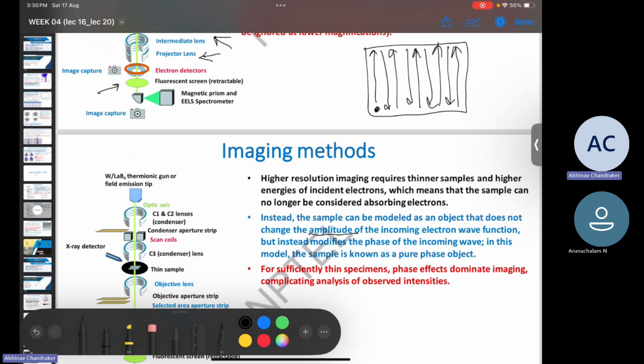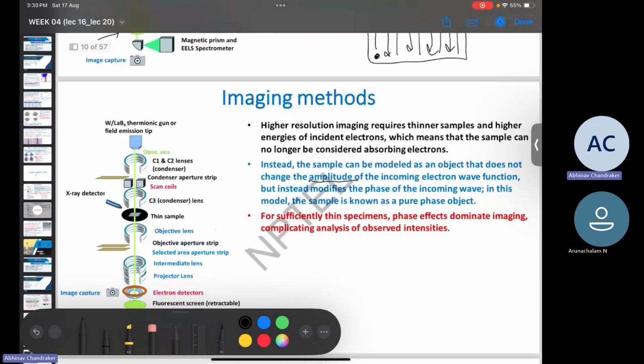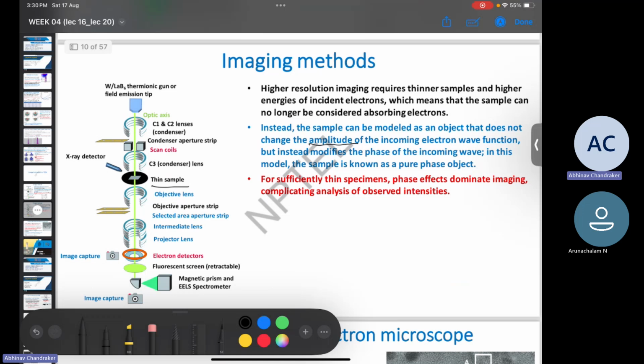In TEM we have a thin specimen, so the electron beam goes through it, and if there is a change in the amplitude of the electrons, then the contrast generated as a result is called amplitude contrast. And if there is a change in the phase of the electron wave, in that case we call it phase contrast.